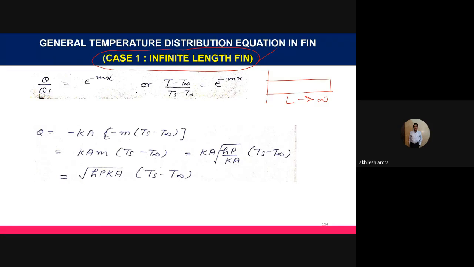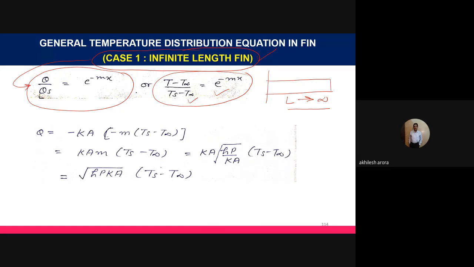And then we utilized the second boundary condition corresponding to this one. We calculated the value of C2, and finally for this particular case of the fin, we got this expression, theta over theta s is equal to e raised to power minus mx, or I can also write it as T minus T infinity divided by Ts minus T infinity is equal to e raised to power minus mx.